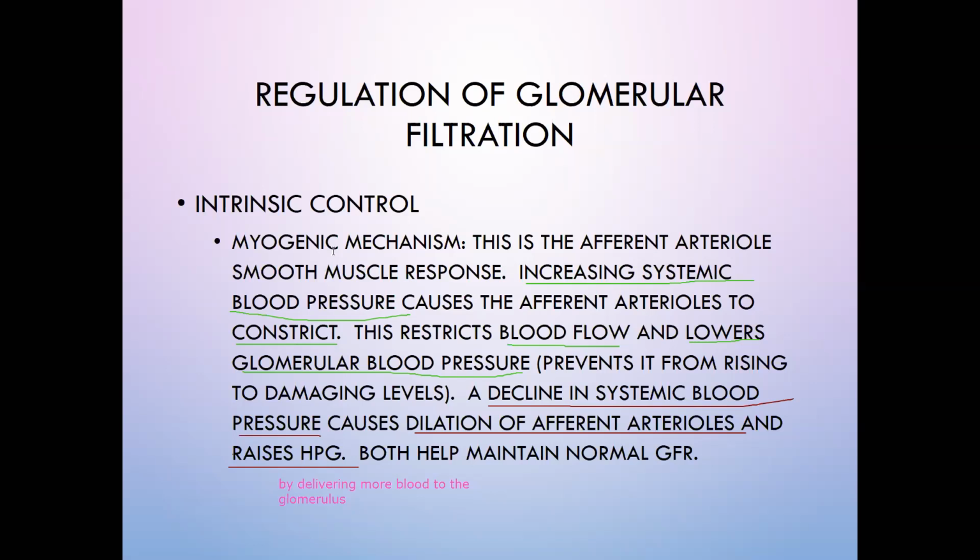So one myogenic card on the front, you would put increasing systemic blood pressure, and then on the back, causes afferent arteriole vasoconstriction. Okay, and then you can also put why do you want that? To reduce blood flow, lower GFR. Then make another card, myogenic mechanism, and then decreasing systemic blood pressure, and then put on the back dilation of afferent arterioles to deliver more blood to the glomerulus.